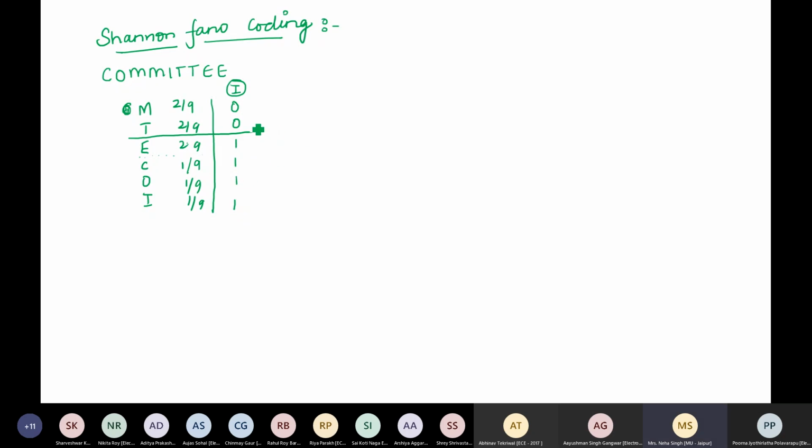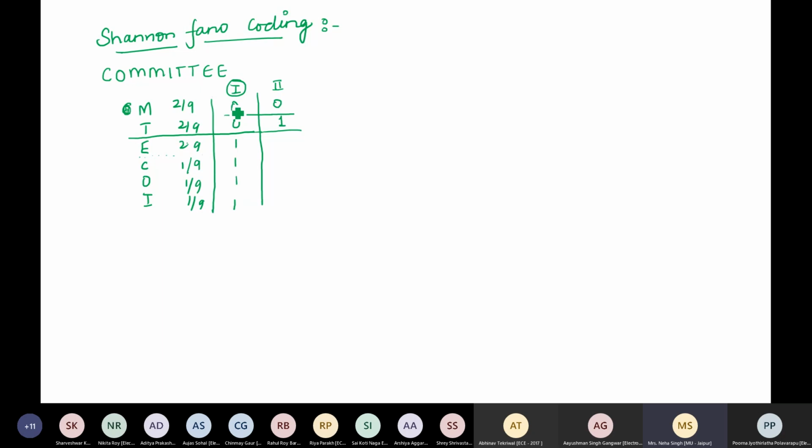Right? Now I further divide this into two subclasses. So in the second step, I give one of the classes a value of 0 and the other class a value of 1.